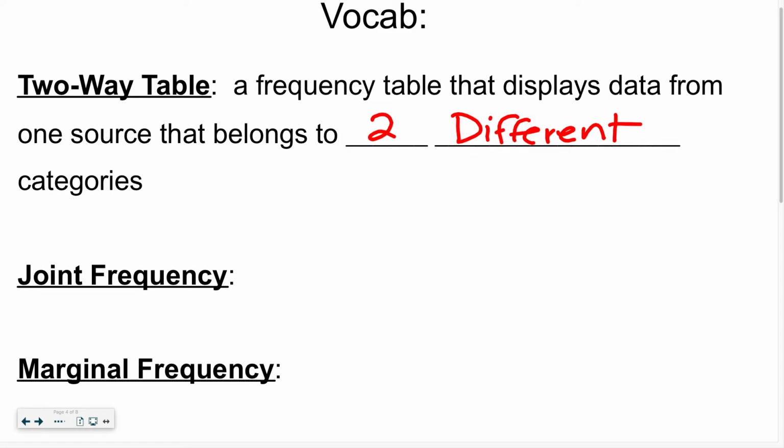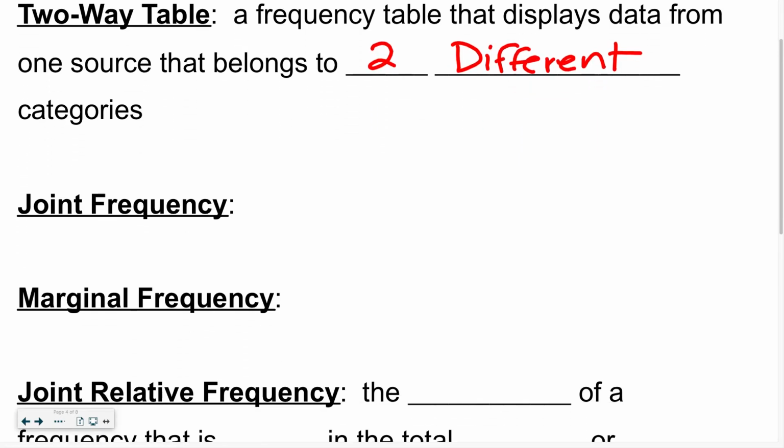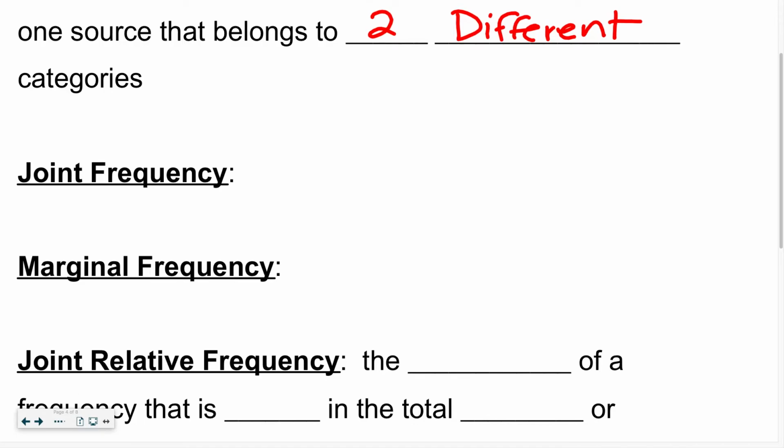A lot of times you're going to see categories that might split us up, like gender, male and female, or age groups, which is a very common one, so that we're separating data in those ways. Okay, joint frequency is a single entry in the two-way table.